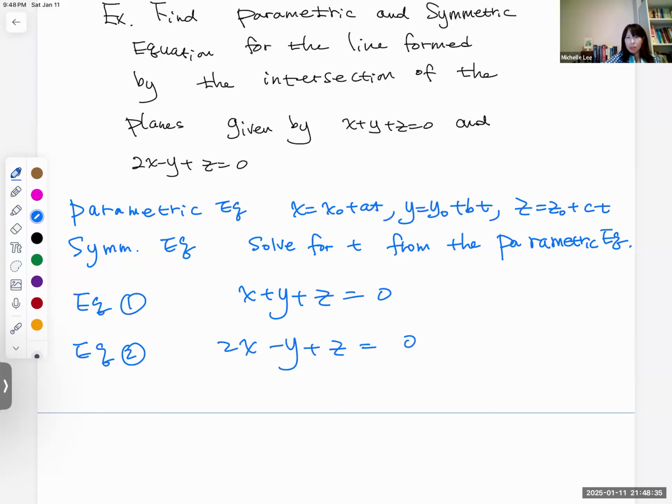So we have a system of equations. We can eliminate y easily. So we have 3x plus 2z equal to 0. Then let's solve for x.